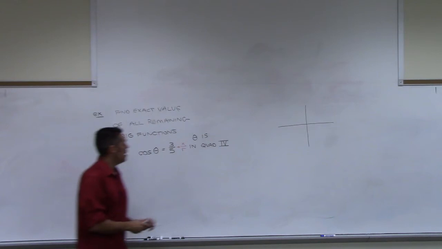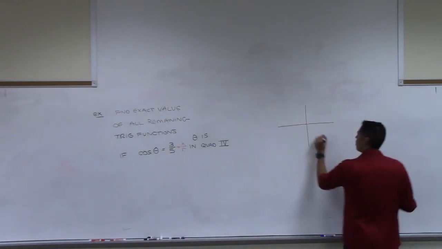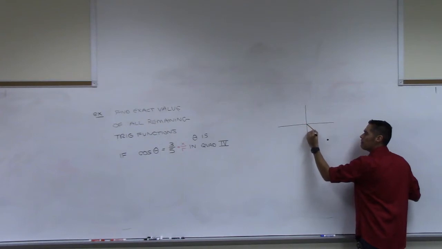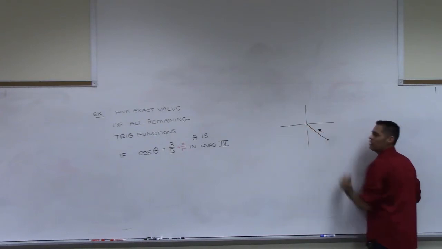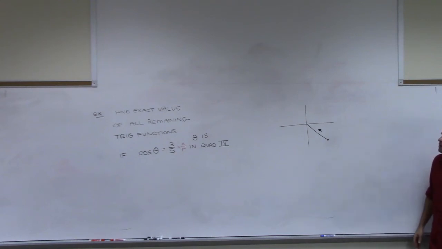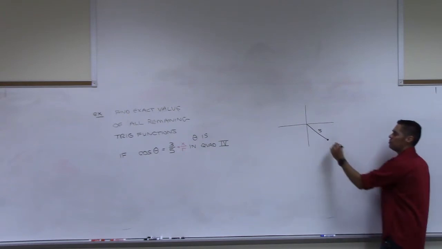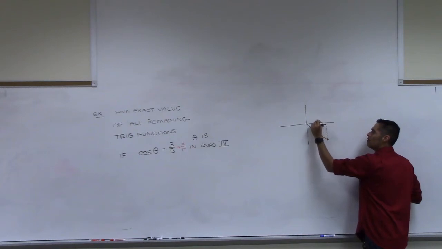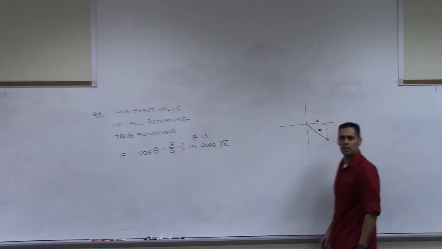So if I draw a point somewhere in the 4th quadrant, I'm just going to make up the point, then I know that this right here is 5. The radius is 5. And what other part do I know? The x. If I drew a right triangle like this, I know that this side is 3.